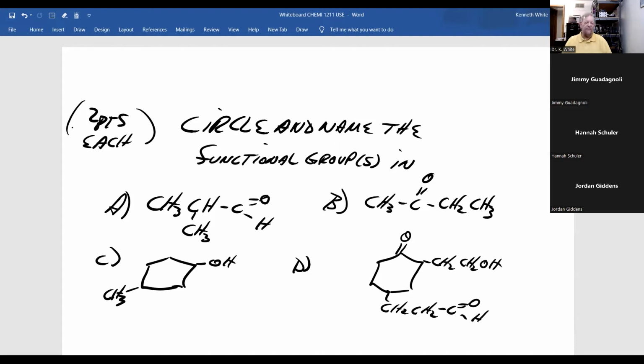And there you go. 4 nice fun molecules where all I'm asking, not to give the IUPAC name, is to circle and name the functional groups in each molecule. 2 points each. Your turn. Have fun. It's a lot of fun.